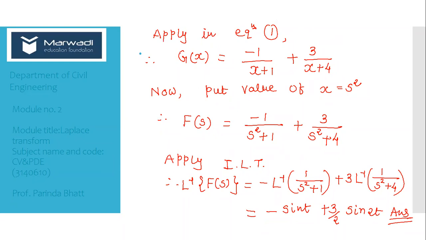Now we already found this A and B value. Now apply the value of x. This is s square. Again substitute. Right? Therefore, our original question is this. And now apply the inverse Laplace transform.